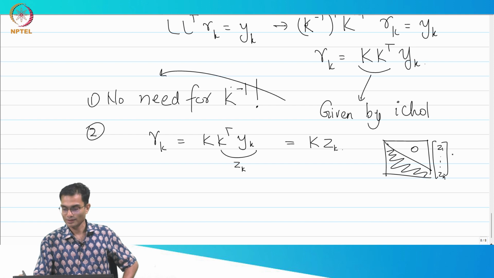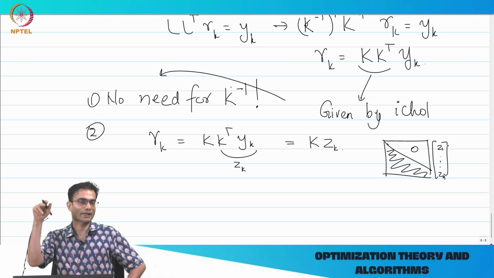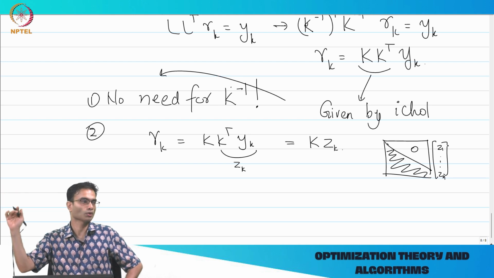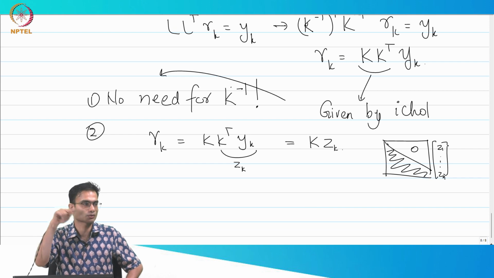Z1 times capital K11 is equal to B1. I am going to get Z1 in one shot. Z2, how will I get? Same thing, right? Because Z1 is known, Z2 I will get.